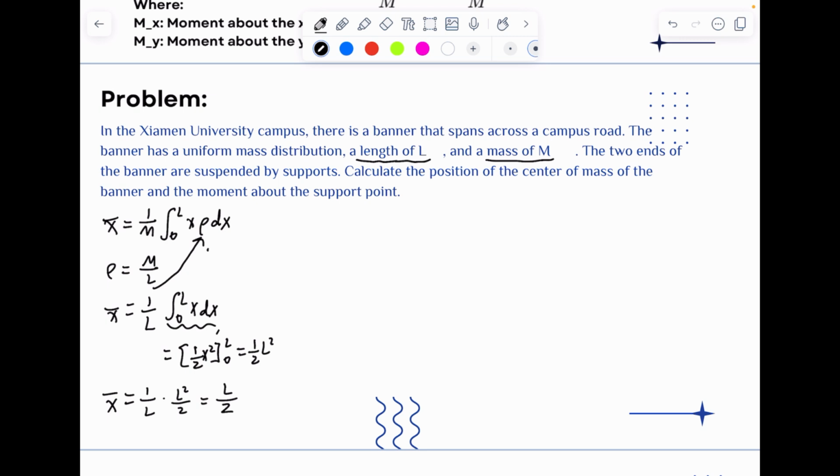And now we will calculate the moment about the support point.